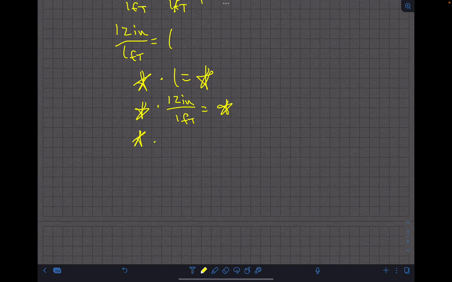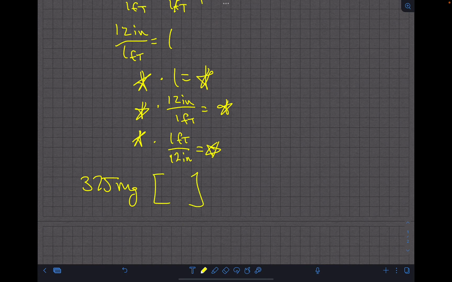Also, the inverse is true. Because 1 over 1 is 1, then 1 foot over 12 inches is also equal to star. So the concept is that we're multiplying anything, in this case 375 milligrams, by some quantity that is equal to 1 to change the units.